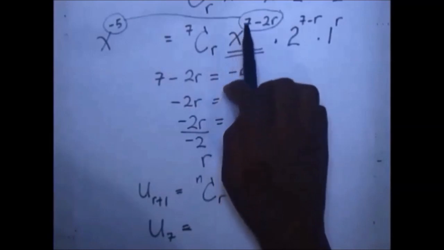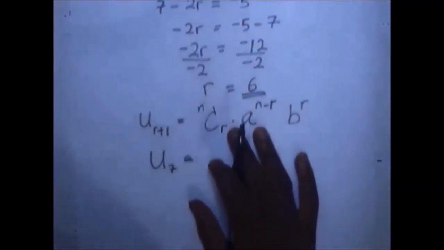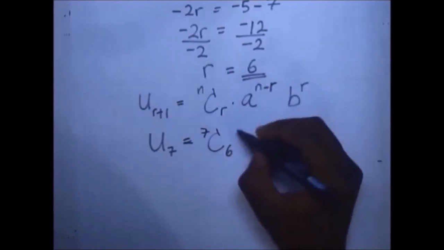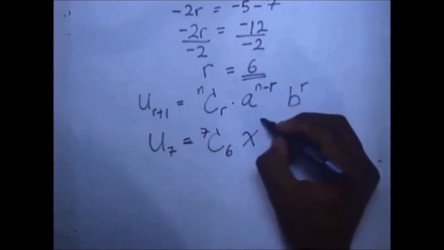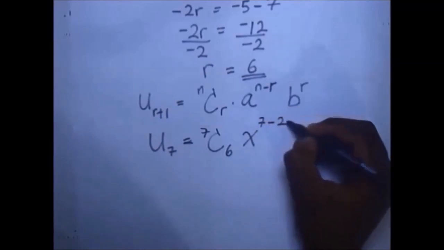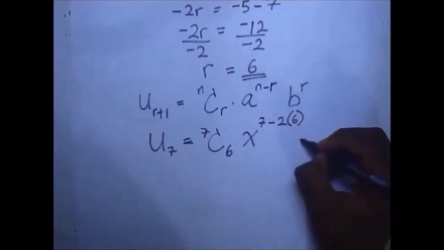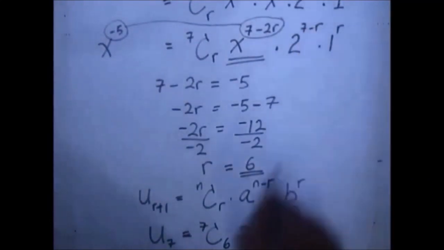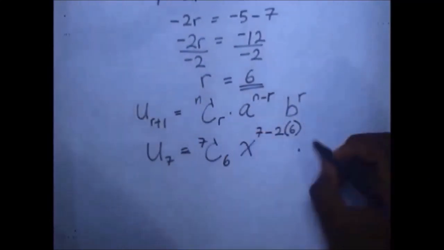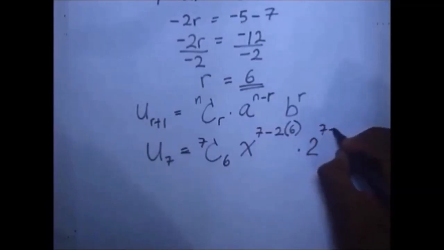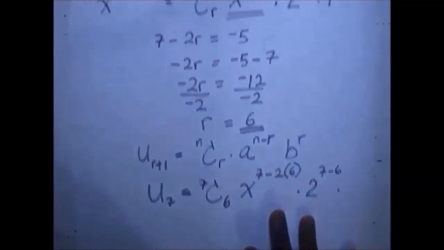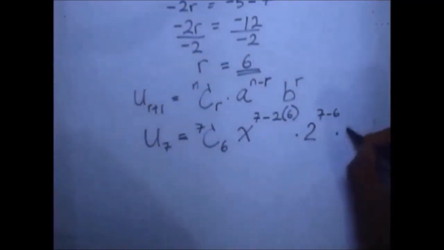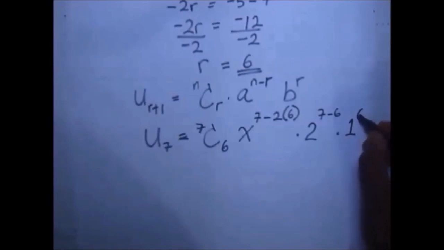So it is 7 combination 6, times x to the power 7 minus 2r, where r is 6, times 2 to the power 7 minus 6, times 1 to the power r, which is 1 to the power 6.